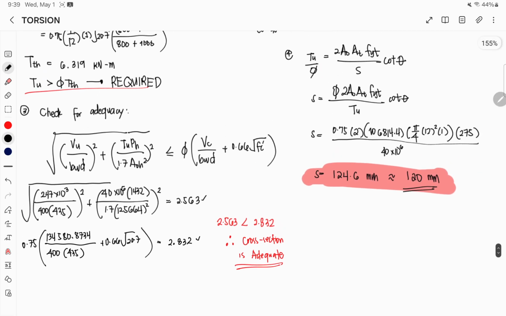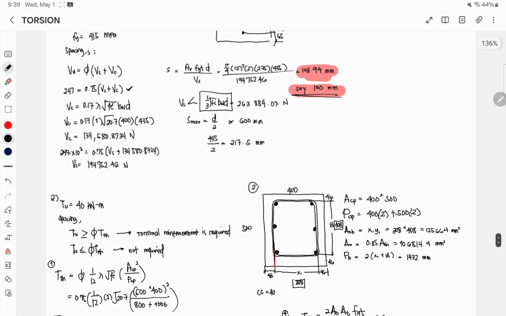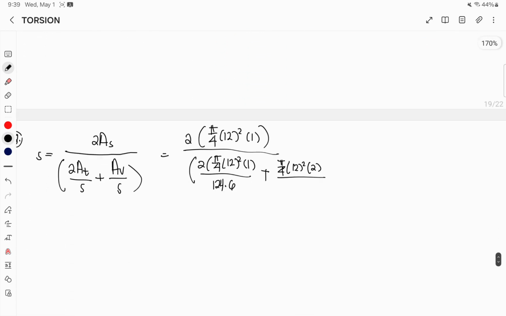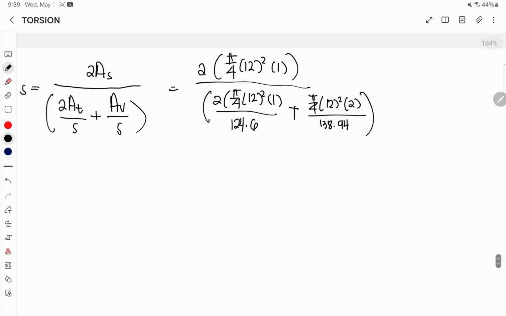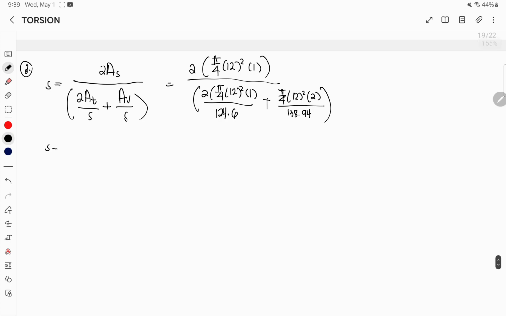And then the S would be equivalent to 138.94. Yung S kanina na na-compute nyo. Yan. For the value of spacing, it is equivalent to you have the value of S na 65.69 mm. Yan. For number 3.